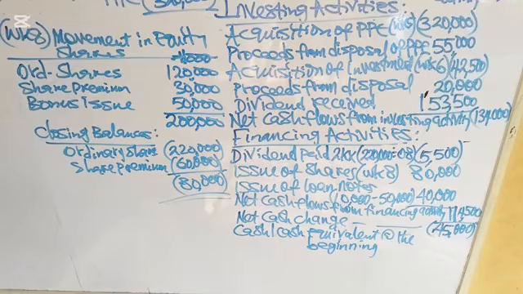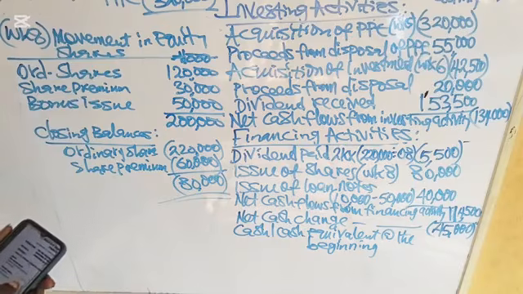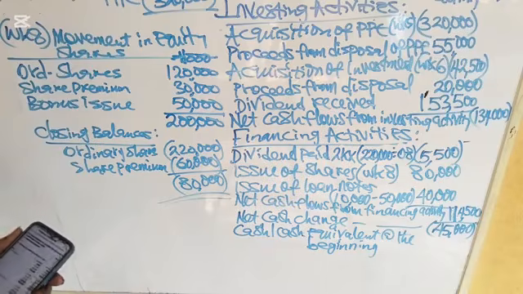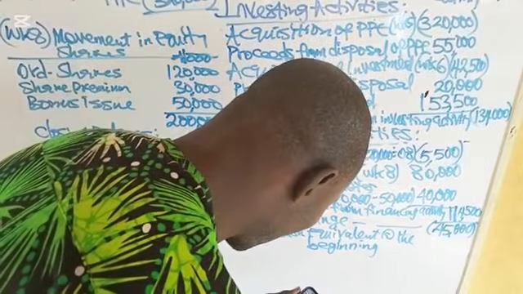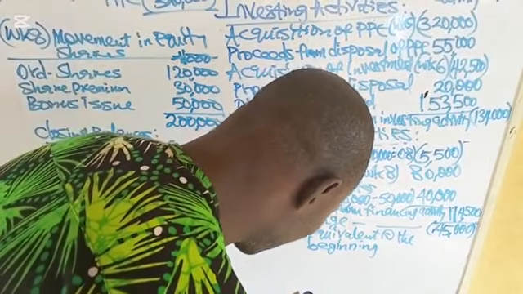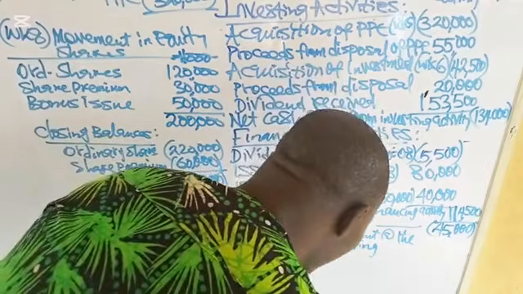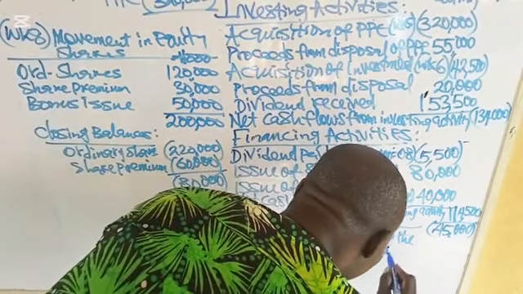There was an increase in loan note, so it's an inflow, the difference of the increase. How much is the cash or cash equivalent at the beginning? Your bank. The bank balance under current asset is 40,000.